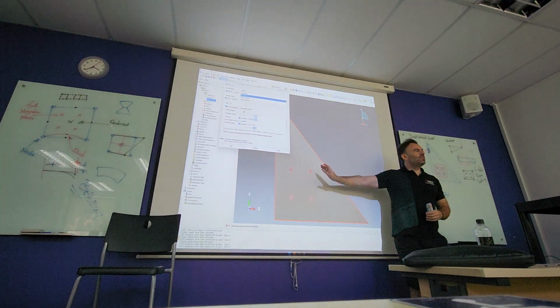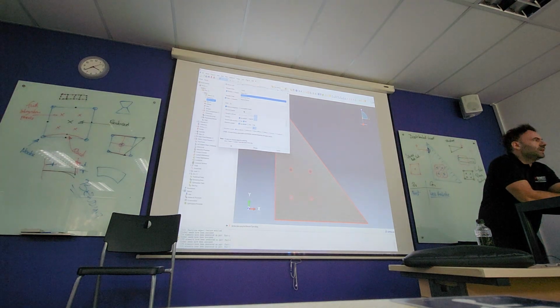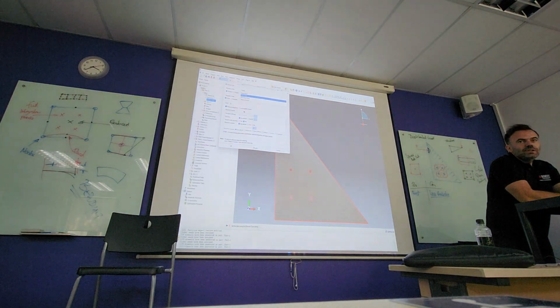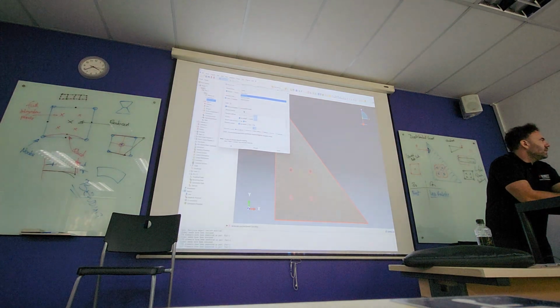If you are given problems like this, I want you to report, to tell me what size you use, and also what element type you use and why.